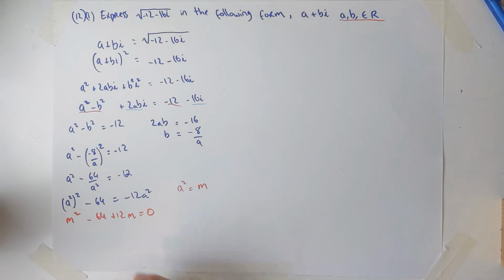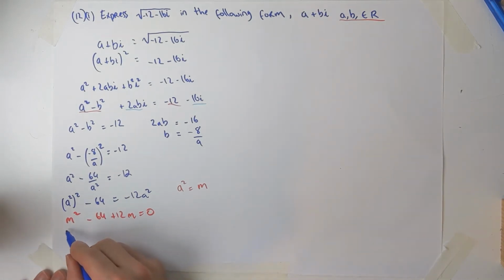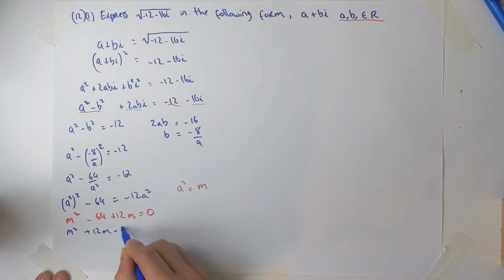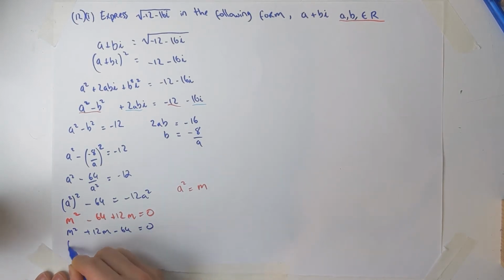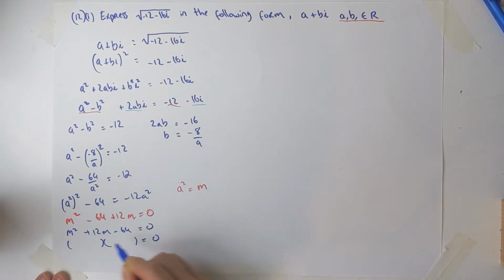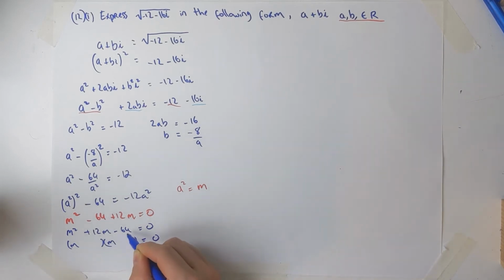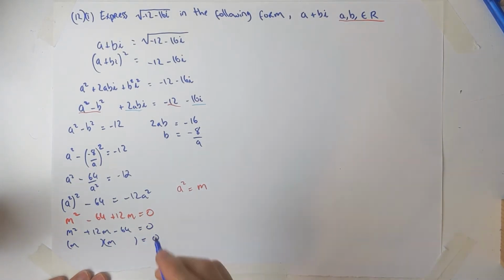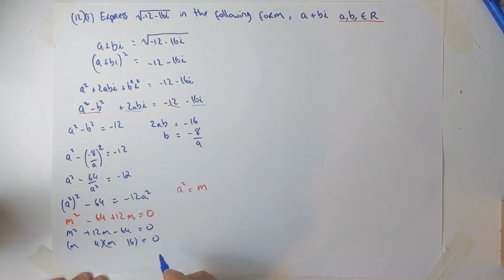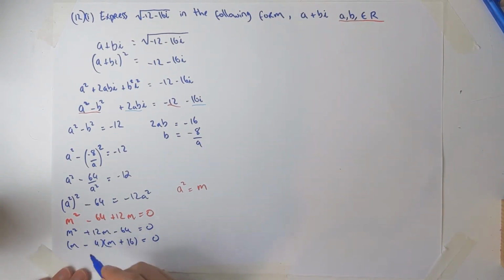There's your quadratic that you can go about trying to solve. So m squared plus 12m minus 64 is equal to 0. Factors for 64 are going to be 16 and 4, and you need a plus 16 and a minus 4.